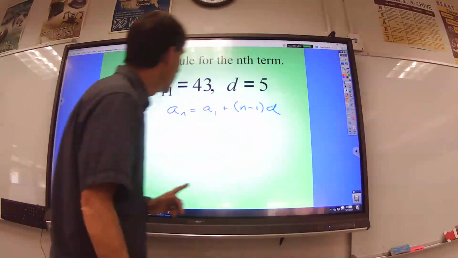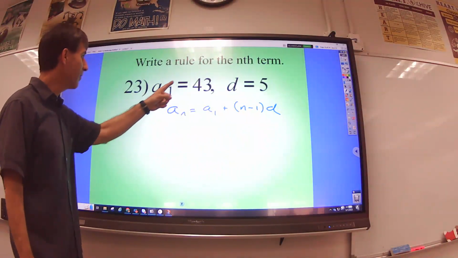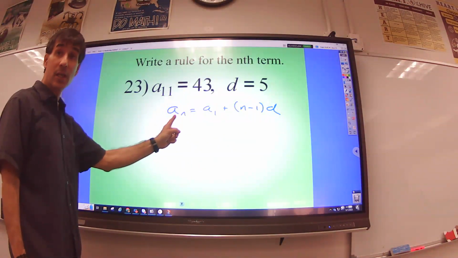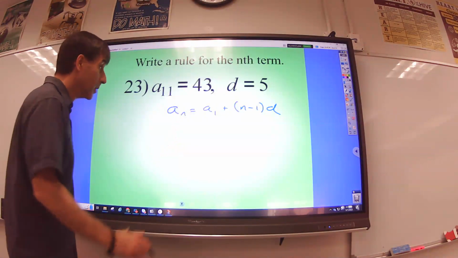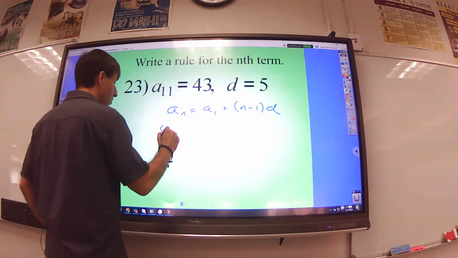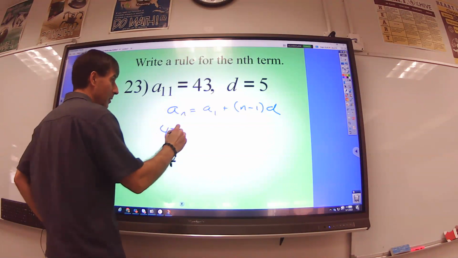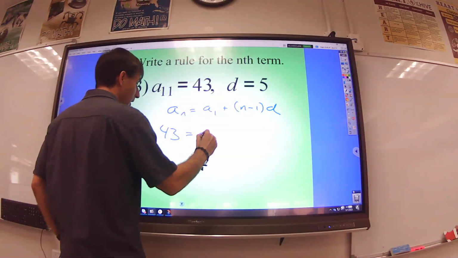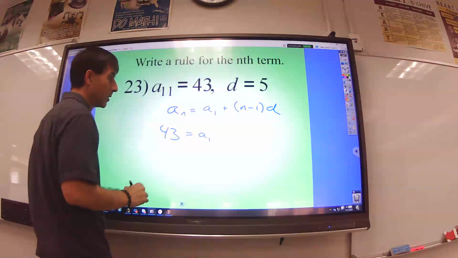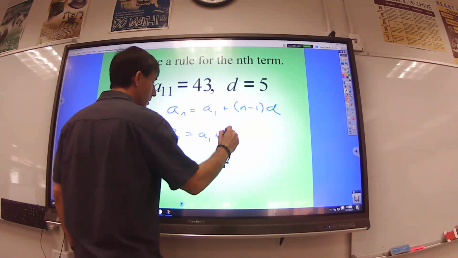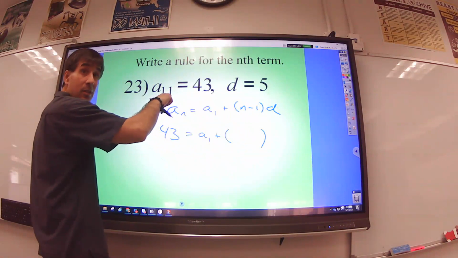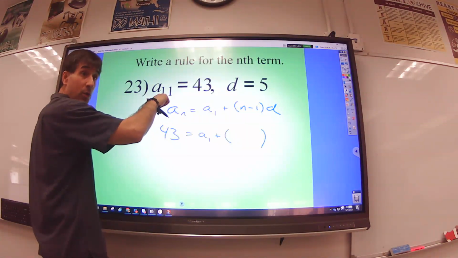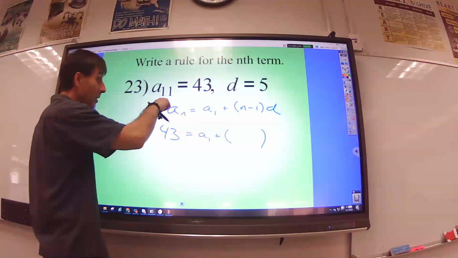We know that a sub 11 is 43. So instead of a sub n, we're going to put in our 11th term. So I'm going to put in 43 for a sub n equals a sub 1 plus, what term is this? The 11th term.